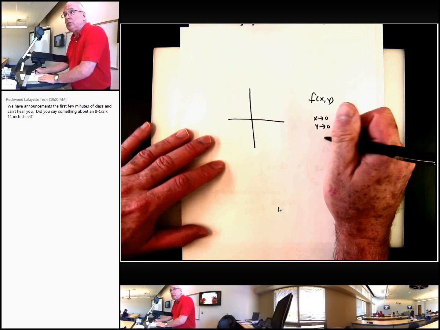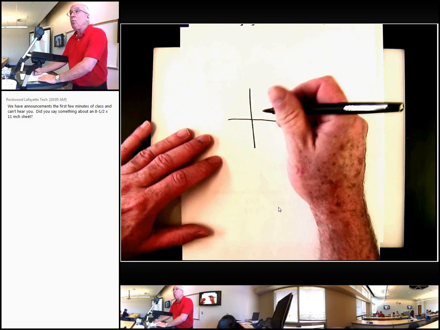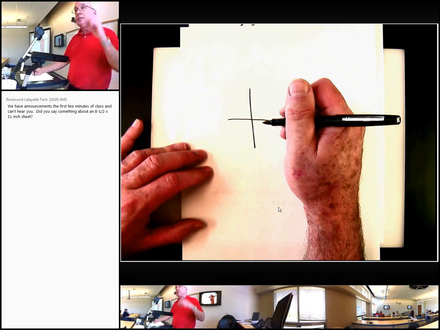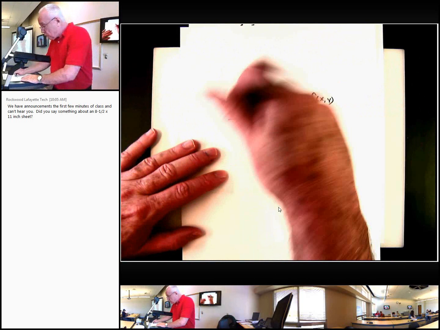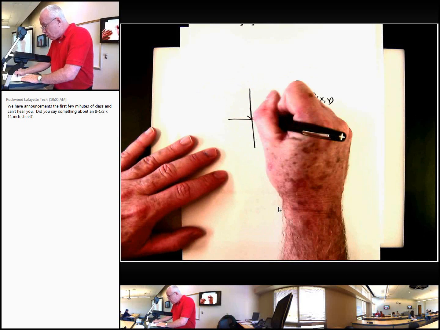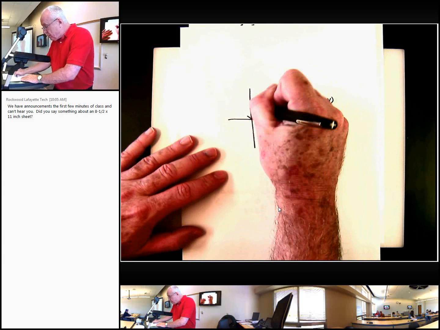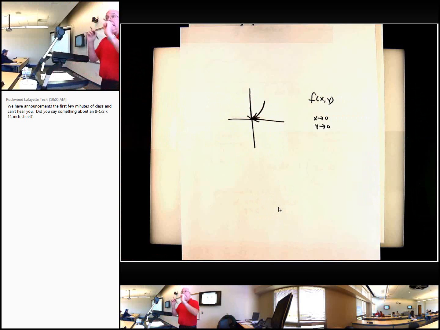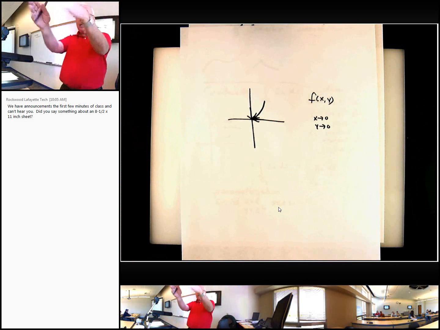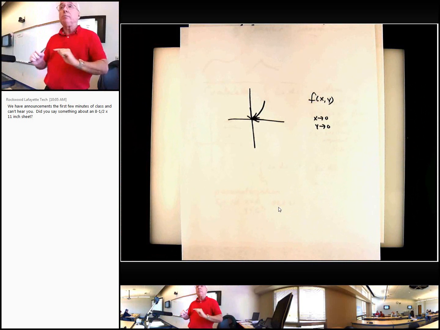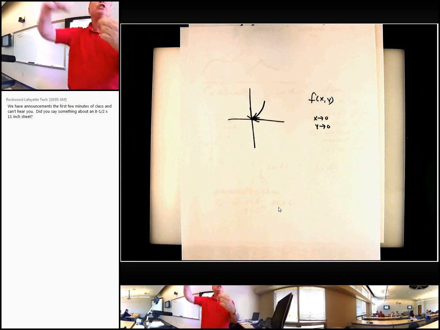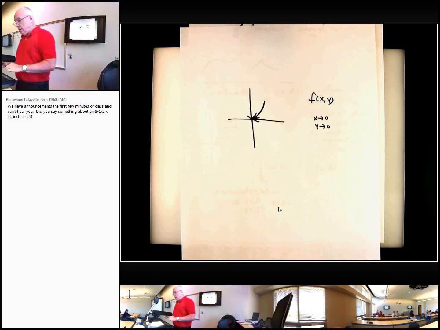For that, we had to reach the same limit no matter which path we took. We could go this way, this way, even this way, but no matter what path we took heading to (0, 0), we had to reach the same limit. That's not the same as parameterization. With parameterization, we have a definite curve that we're dealing with, and it has to match up with our curve. Okay.